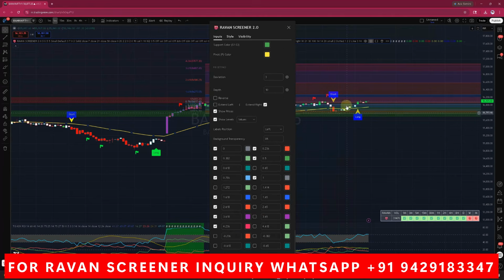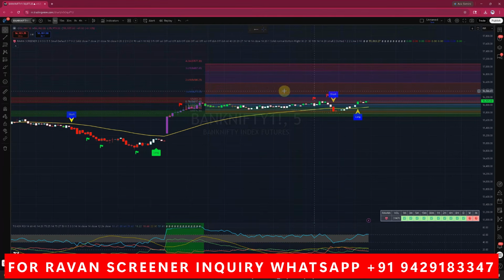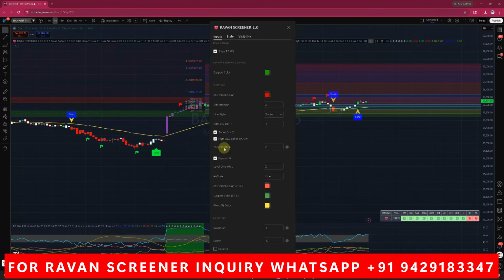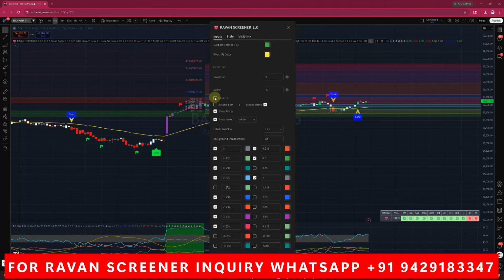You can see here it is showing the upper part only. Whenever it doesn't show the upper part, you can go to the indicator settings, go to the last, and click on reverse. It will show the upper data as well as the below data. If you want the below data, you can click on this reverse, and it will show the below data.